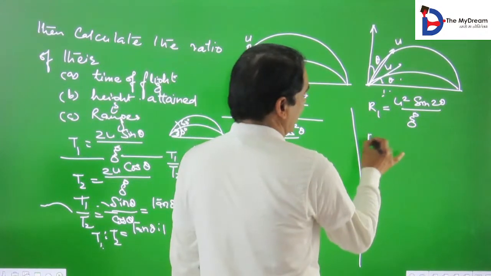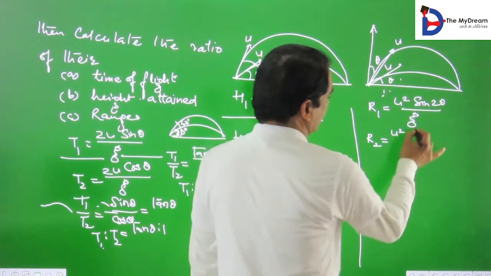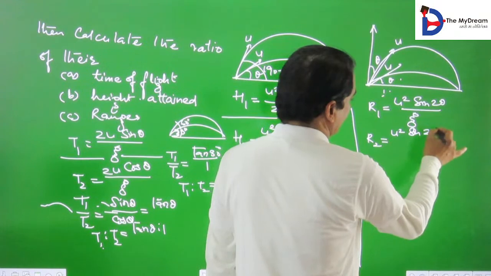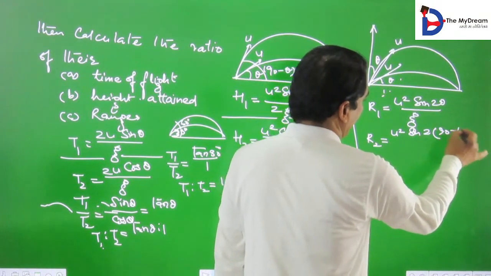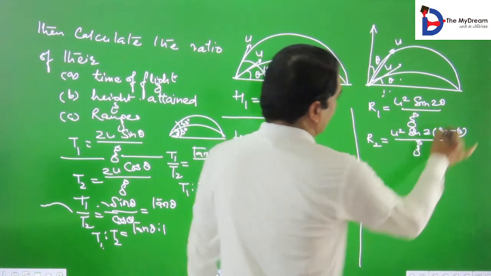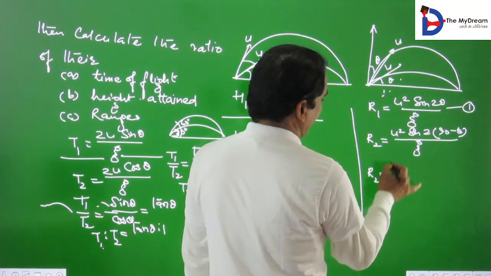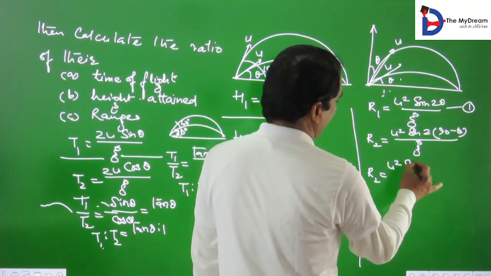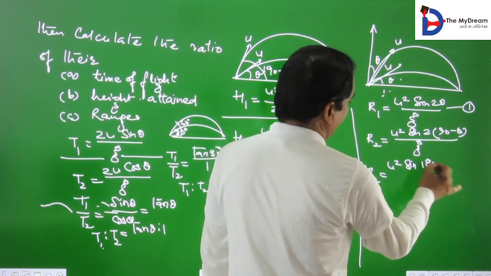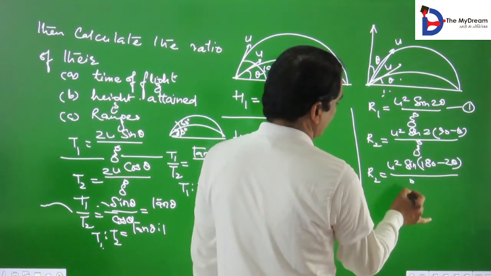So you can write R2, u square sin twice and angle is 90 minus theta. This one is the equation first. Then you will get u square sin 180 minus twice of theta upon g.